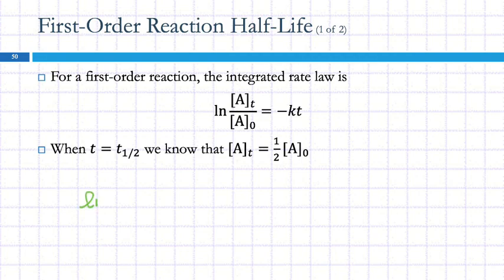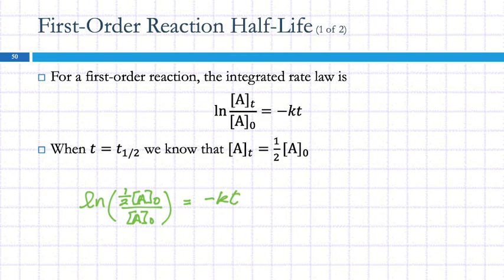So we have the natural log of 1/2 A0 divided by A0, because this concentration in the numerator is 1/2 of A0. So I just plug this in for that. And this is going to be equal to negative kt, because that's what the rate law says.